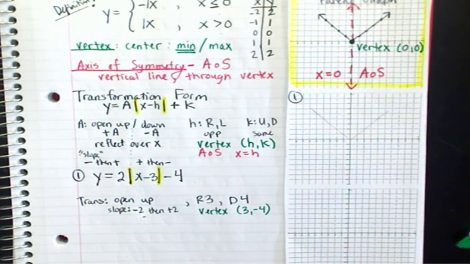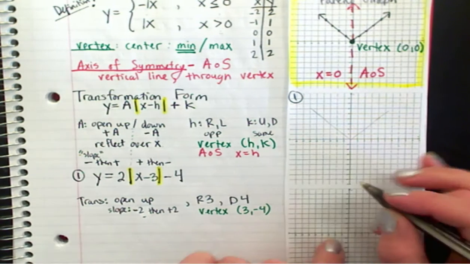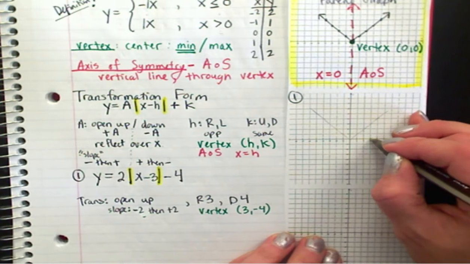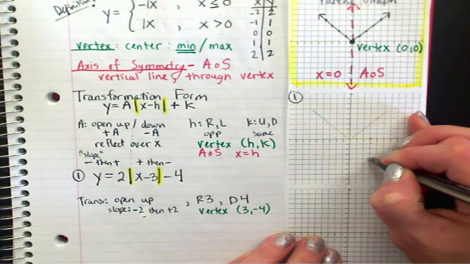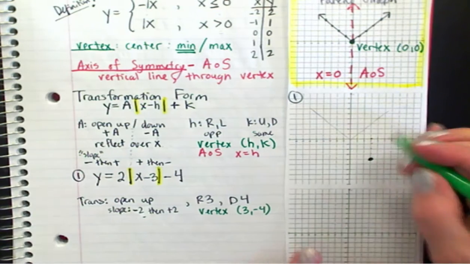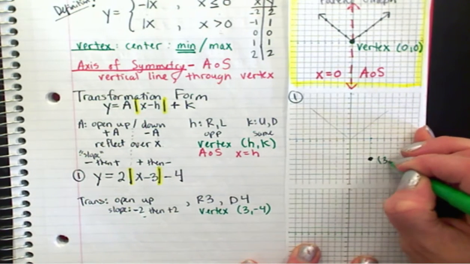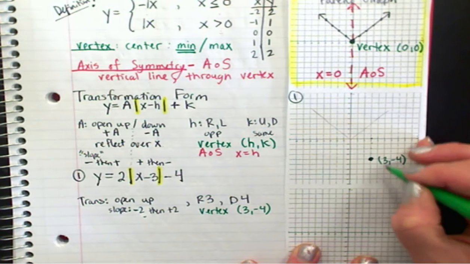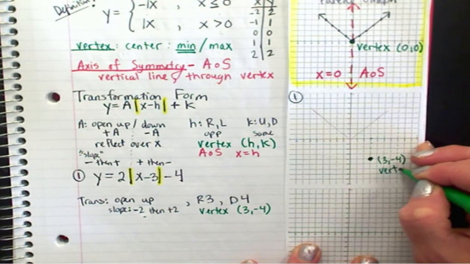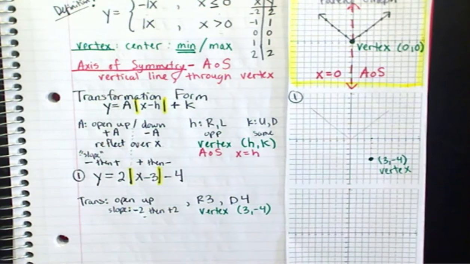Okay, let's put it on the graph. Right 3, down 4. There's my vertex. This is just like a visual of the vocab, right? I'm just putting it on the graph so you can see it.